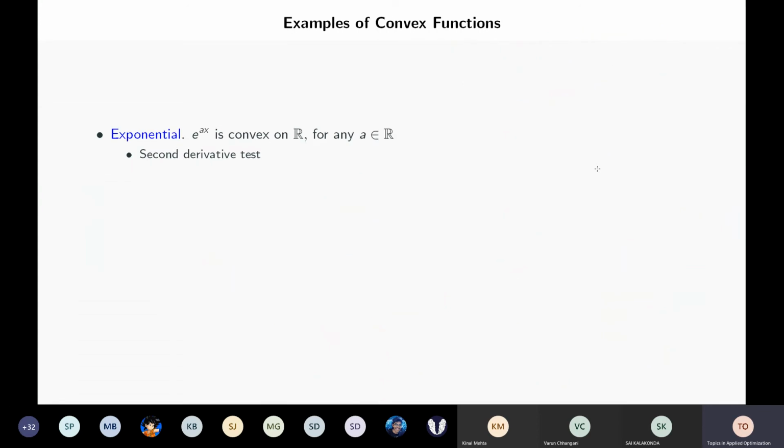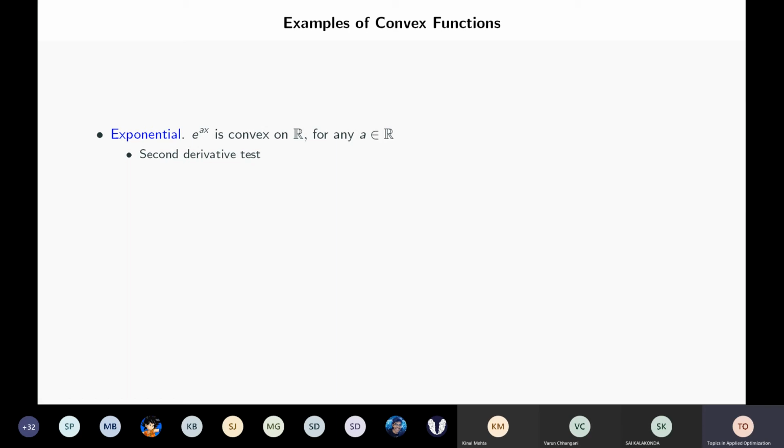Now, we have three things in hand. First, the line definition of convexity: the line joining two points on the graph of the function must be above the function values. That's the first definition, and it applies also to non-smooth functions.